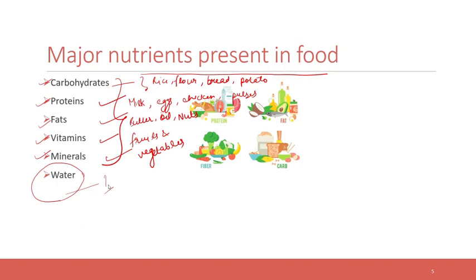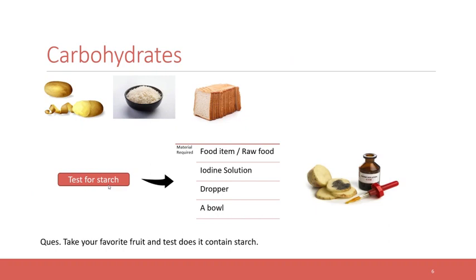Now tell me something. How will we find out which food item contains carbohydrates, or which contains fats, or which contains protein, mineral, vitamin? How did we know? We will do some tests to find out which component is present in which food item.